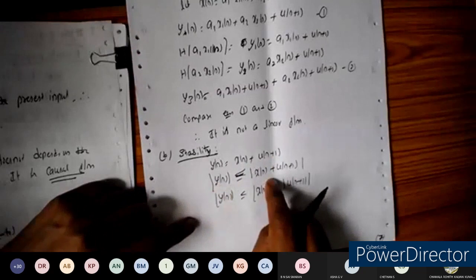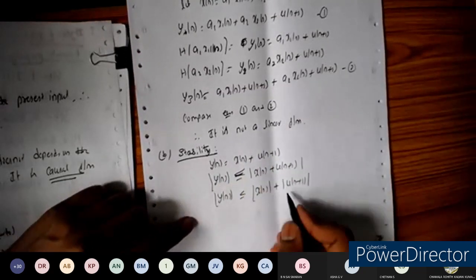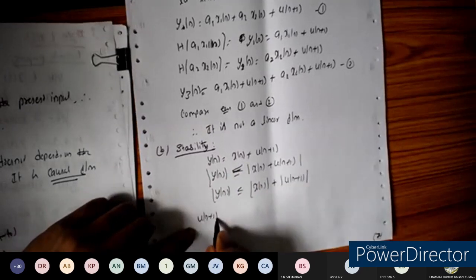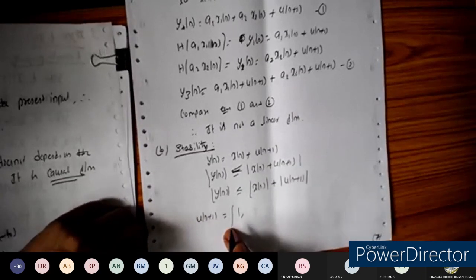We'll consider the magnitude here. Whenever we consider magnitude, it will become like this. So now you know u of n plus 1, and it is equal to 1.